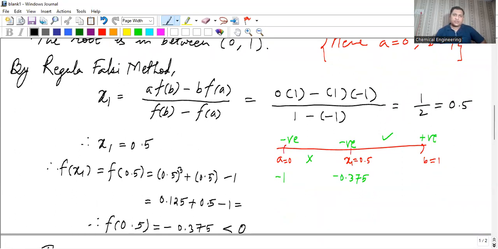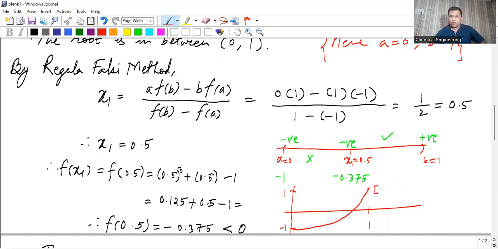So if we consider the graph of this function, at 0 it is minus 1, and at 1 it is plus 1. So we can draw the graph like this. I'm just drawing a continuous function from this point to this point, nothing else. So this is the continuous function, right?